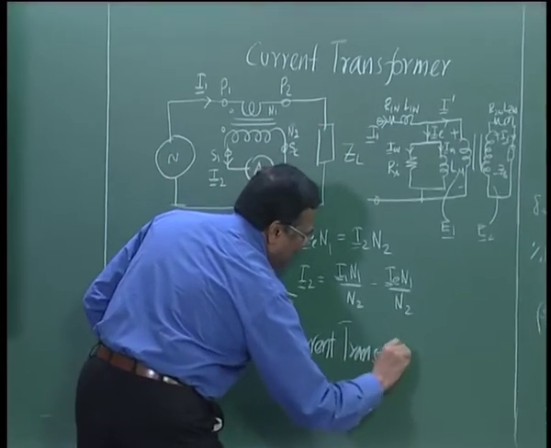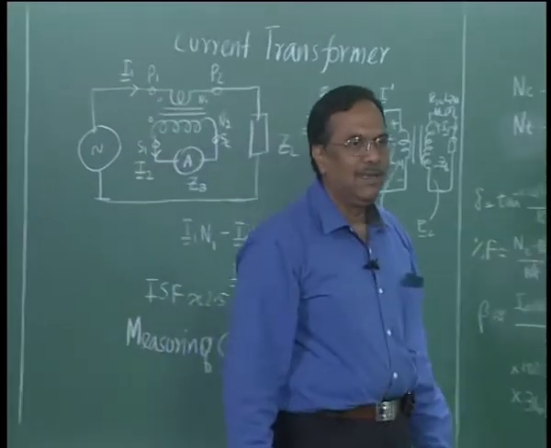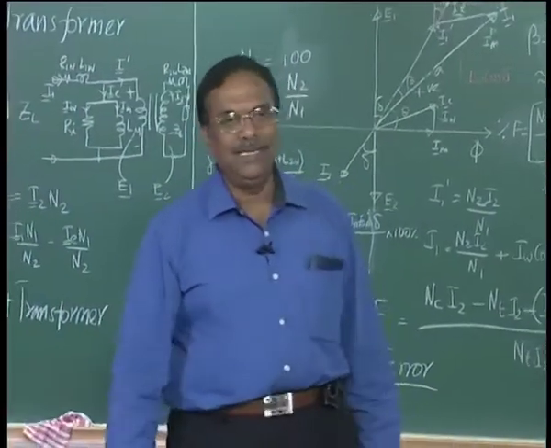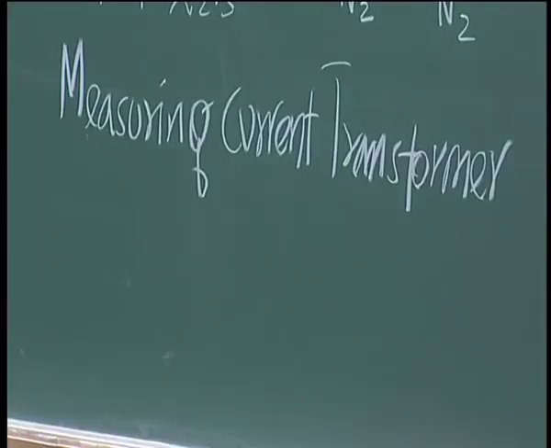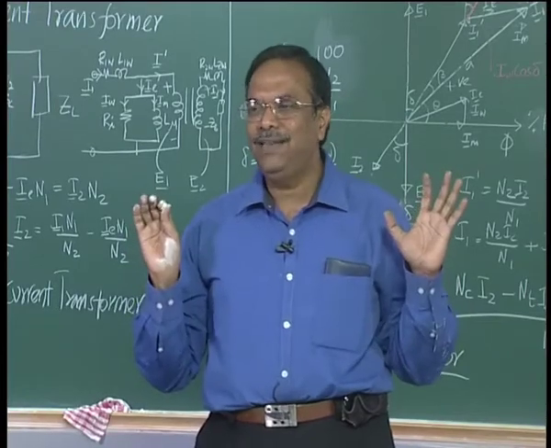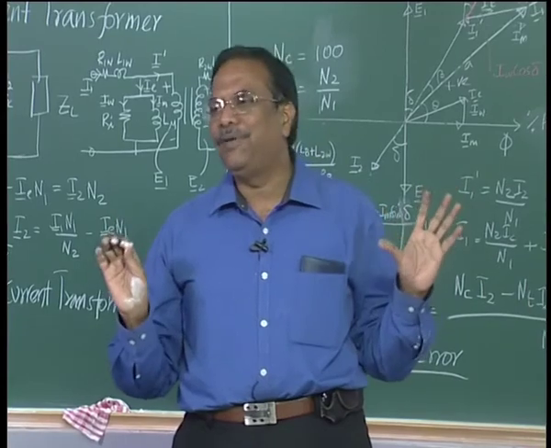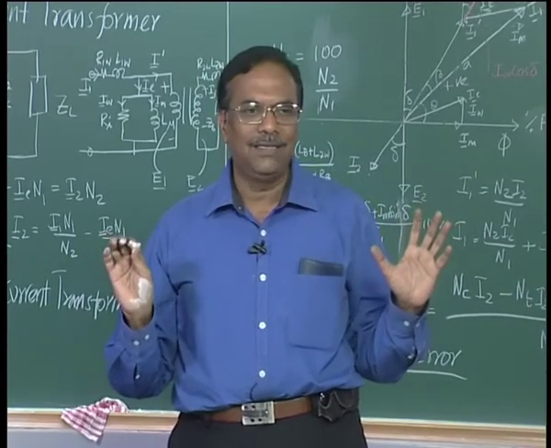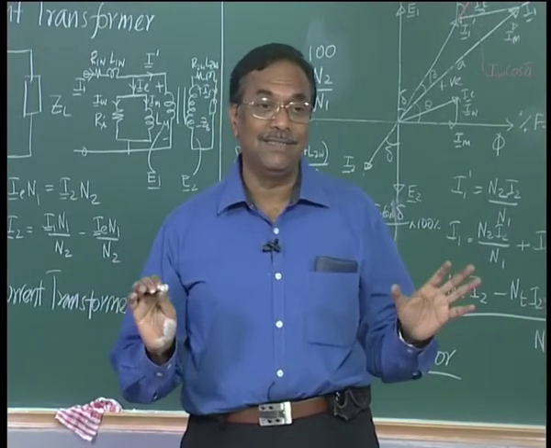The measuring current transformer, as the name indicates, is used for measurement when the system is healthy, right, and the current transformer is designed in such a way that it is protected when a fault occurs. But I need to measure current during a fault also, right.